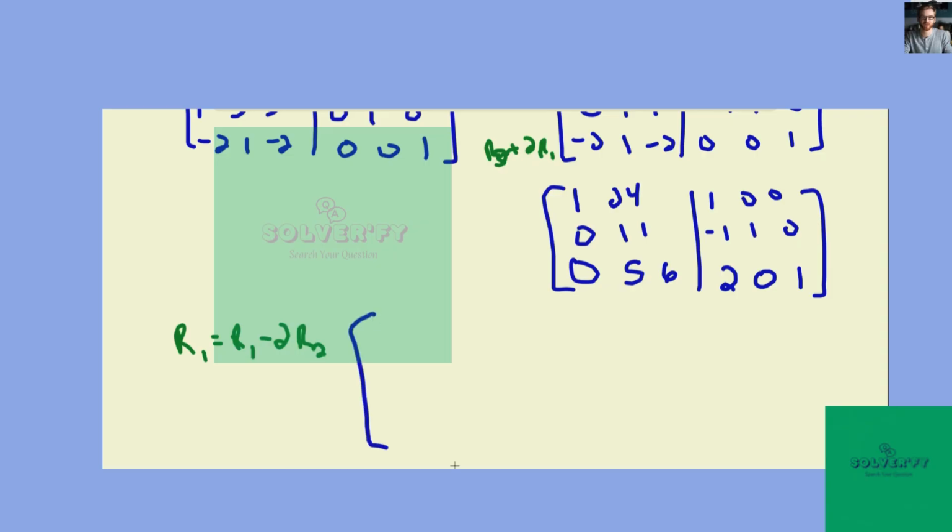So row 1 minus 2 times row 2 would be 1 minus 0, 2 minus 2, 4 minus 2, 1 minus negative 2, 0 minus negative 2, and 0 minus 0.